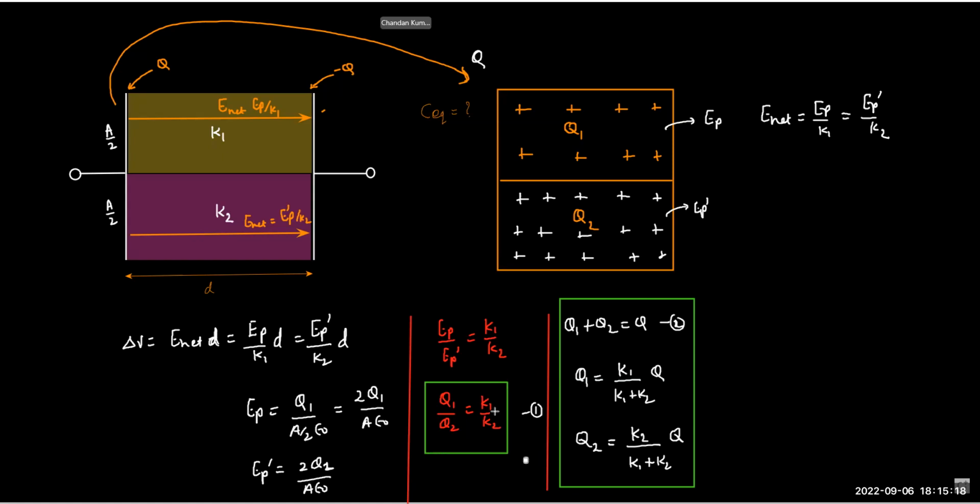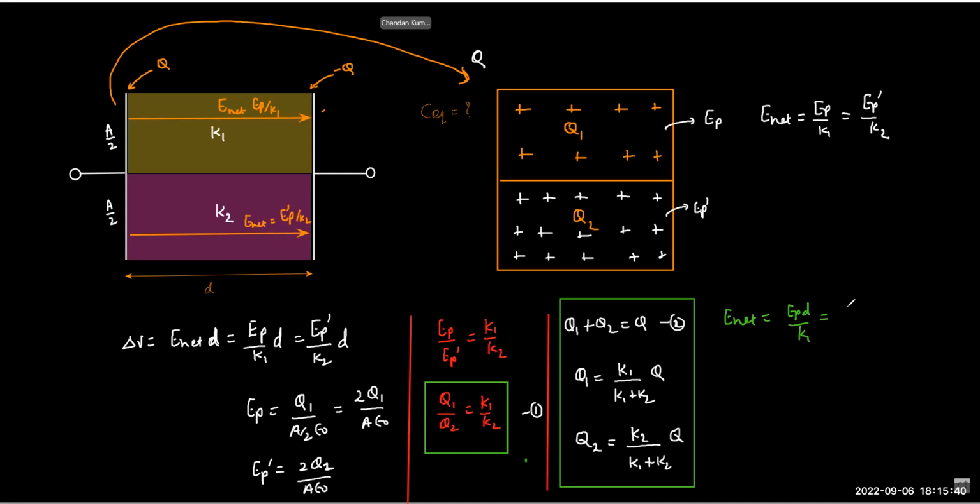So after doing all this hard work, we got Q1, we got Q2, and therefore we can now find the E net by using any formula because it's going to give you the same answer. So EP by K1. Let's substitute everything.